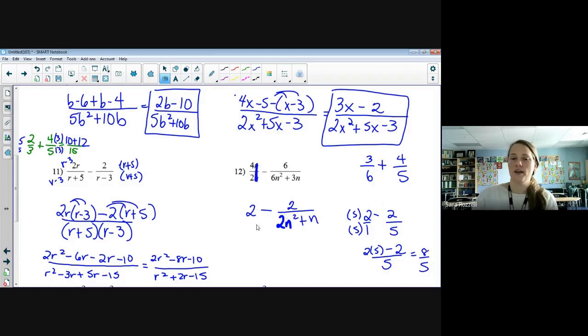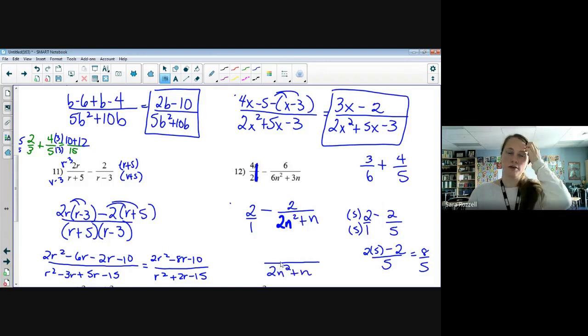So we're going to do the same thing. If you have a whole number here, let's go ahead and put it over 1. Our denominator is 2n squared plus n. That's the only one we have, so that's going to have to be our common denominator. So over on our left-hand side, that's what gets multiplied: 2n squared plus n.